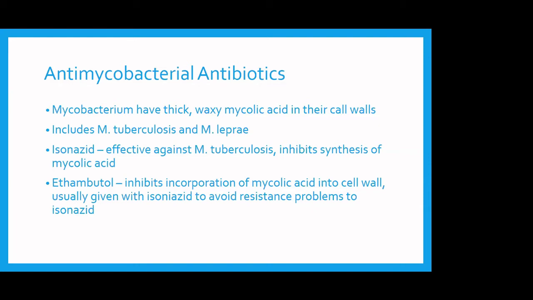Isoniazid stops the synthesis of the mycolic acid, making the bacterium much more susceptible to killing. And then ethambutol is usually given with isoniazid. It stops the mycolic acid from being built onto the cell wall properly.